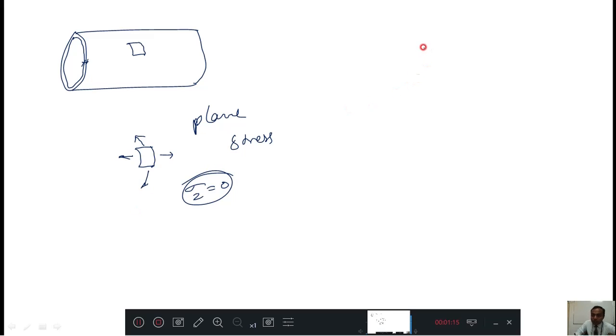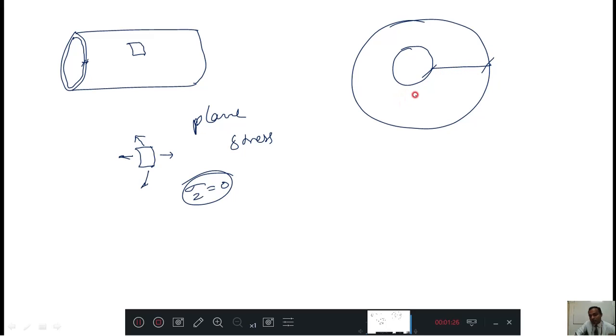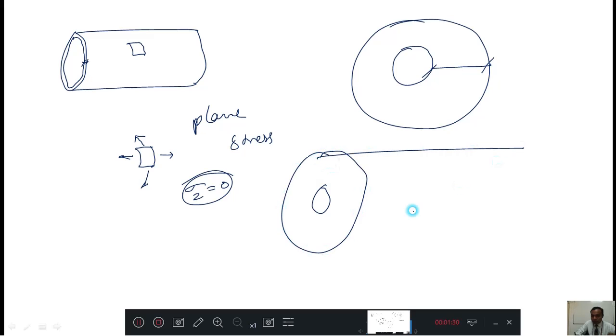When you come to other materials like thick cylinders, some water tank or thermal power plants, the thickness is very, very thick, like this is a thick cylinder. On that you are considering one plane. This plane will be like this, but comparing with respect to this area, this thickness can be ignored.